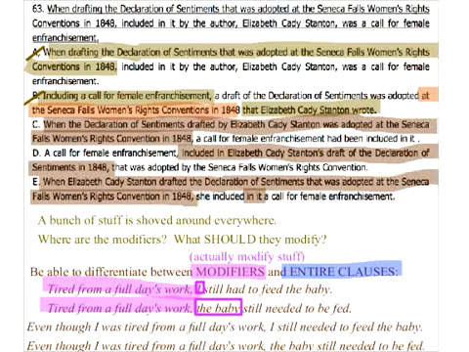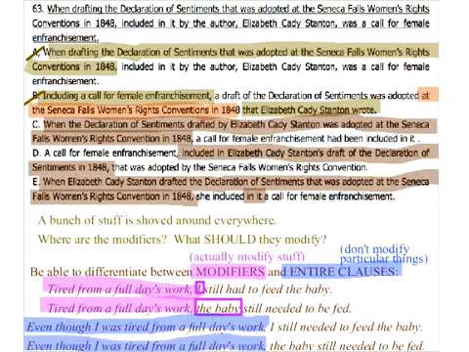So, they don't modify particular elements. So as long as they're placed in some place that makes sense, those are fine. So both of these latter ones are correct because they both make sense and you're not modifying me or the baby because those are separate clauses.